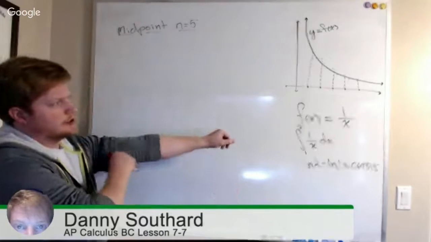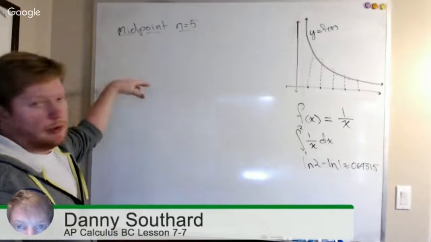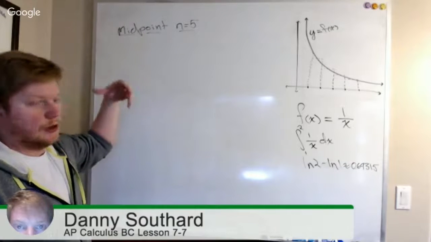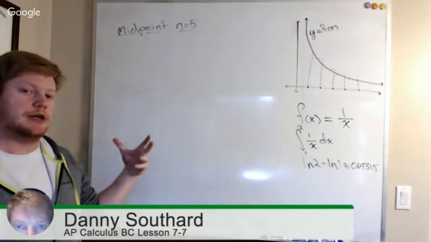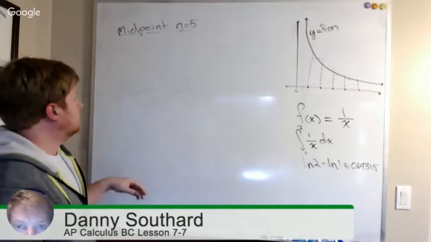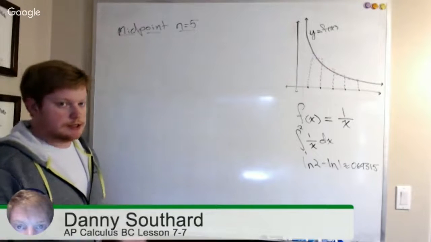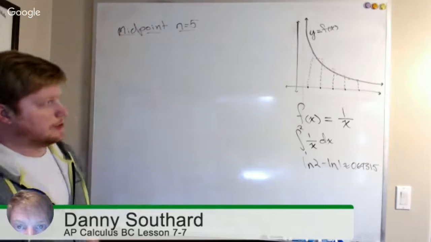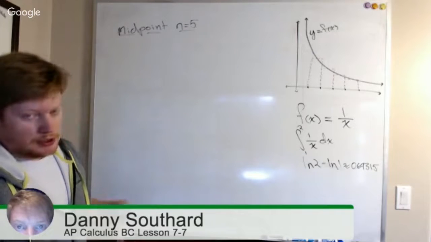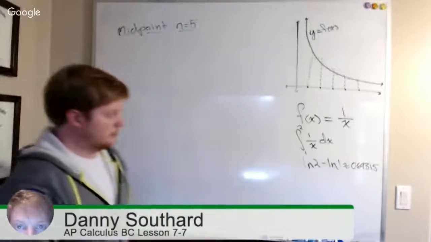The reason the section is called numeric integration is the midpoint rule and the trapezoidal rule are all algorithms, and your calculator is very good at doing algorithms. So all of these problems could be done very easily on the calculator, and actually this particular problem you would need a calculator to calculate, obviously, the natural log of 2 and the natural log of 1.